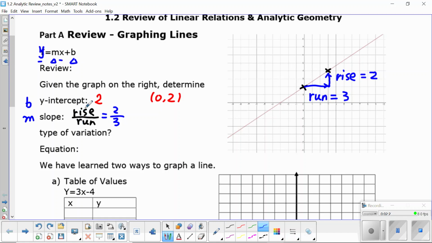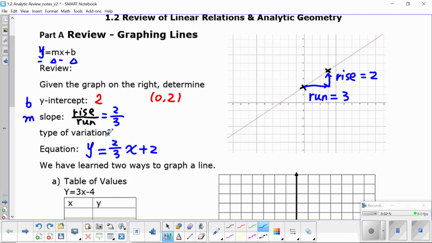If we substitute m and b into this equation, you will find the equation of the line. Replace m with 2 over 3, so 2 over 3 x, then plus b, which is 2. The equation of this straight line is y = (2/3)x + 2.